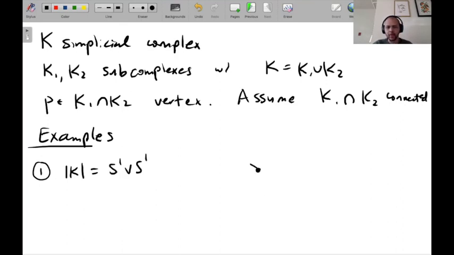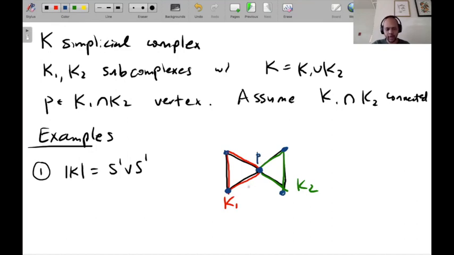And I think we've seen this example before. It looks like this. For K1, I'm just going to take the left part of the picture, and for K2, I'll take the right part. So here's K2 and here's K1. And the intersection of K1 and K2 is just this one point, P. Okay, that's the first example.